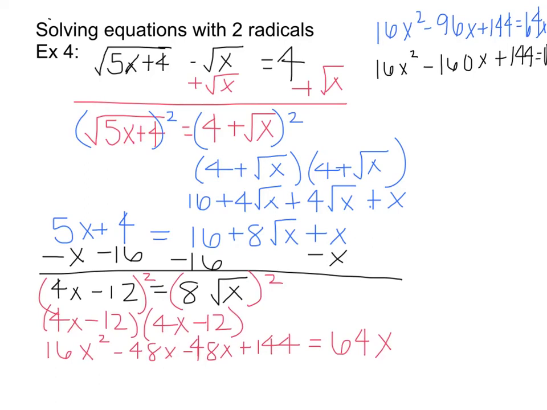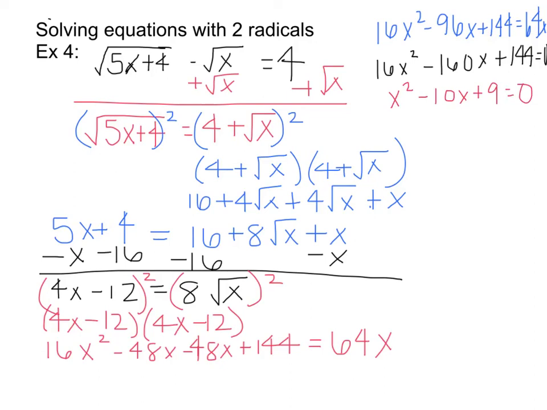Before you try to factor that, since all of those numbers are pretty big, I would see if they had a greatest common factor between 16, 160, and 144. And in all of those, 16 goes into them, so that leaves you with x squared minus 10x plus 9 equals 0, and that just became a nice problem to factor.